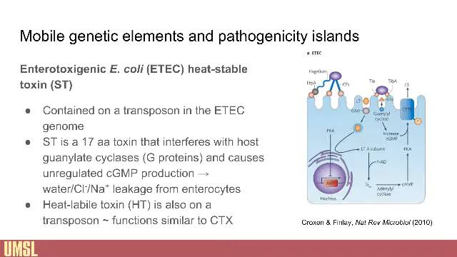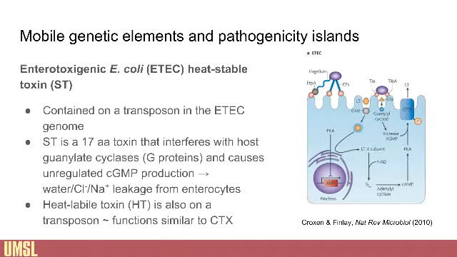So, another example is enterotoxigenic E. coli that produces a heat-stable toxin, ST. And this is actually contained on a transposon in ETEC, enterotoxigenic E. coli. It's a very small toxin, 17 amino acids, that interferes with host guanylate cyclases, or these G proteins, which are things that we saw with Shiga toxin, right?